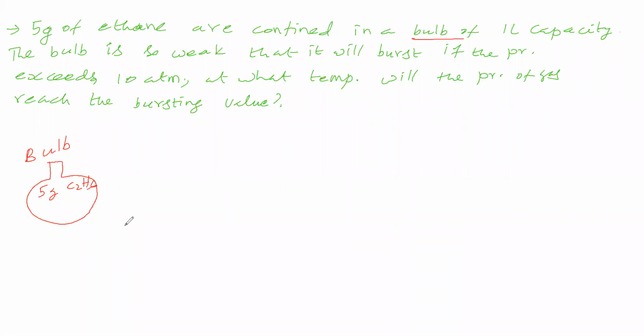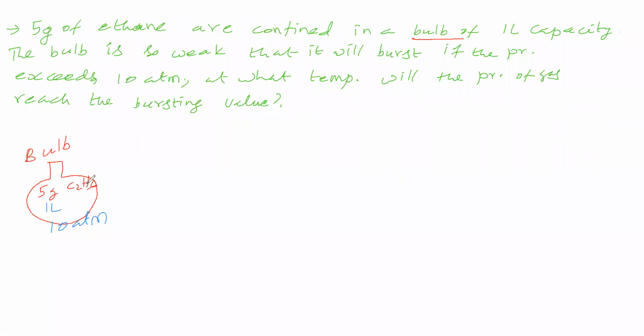Ethane formula is C2H6. The bulb is 1 liter capacity. The bulb is so weak that it will burst if the pressure exceeds 10 atmosphere. That means its maximum capacity to hold pressure is 10 atmosphere. If pressure becomes greater than 10 atmosphere, then the bulb is bursting.